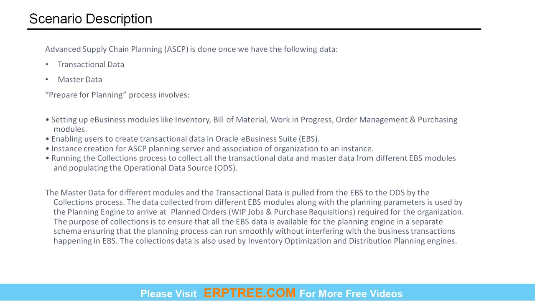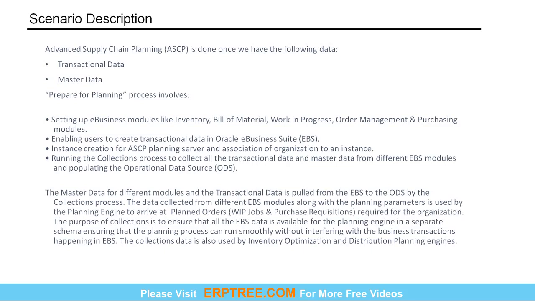That is the reason it deals with both. In the collection process you have an option to collect the transactional data as well as the master data from the EBS modules. Any questions? No. Okay, fine.